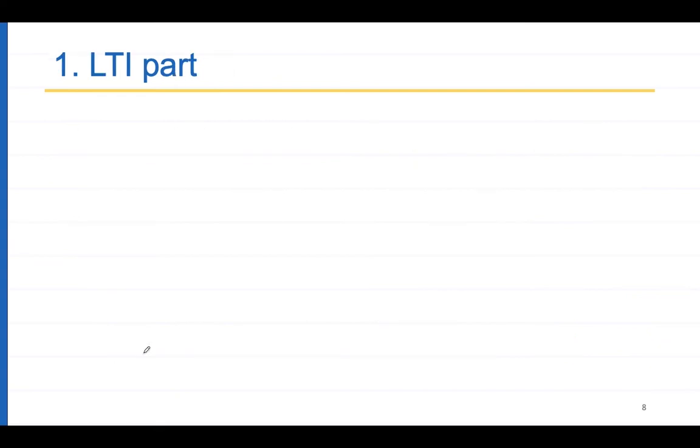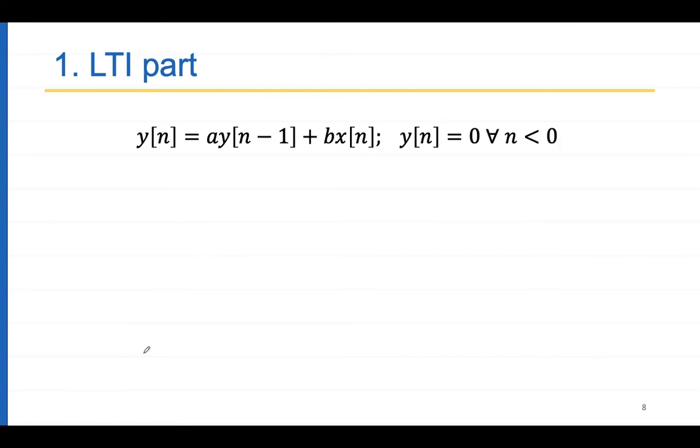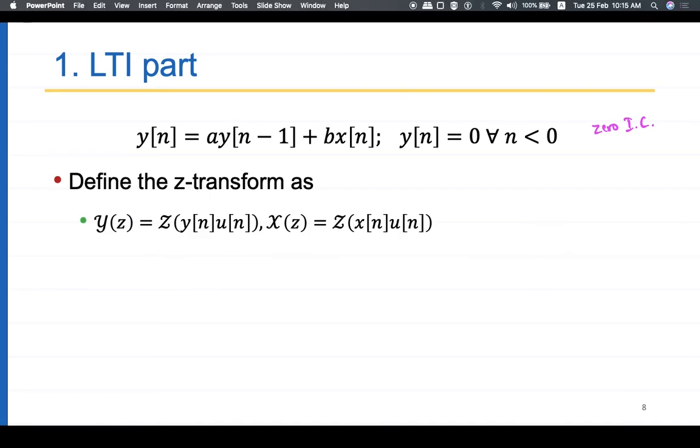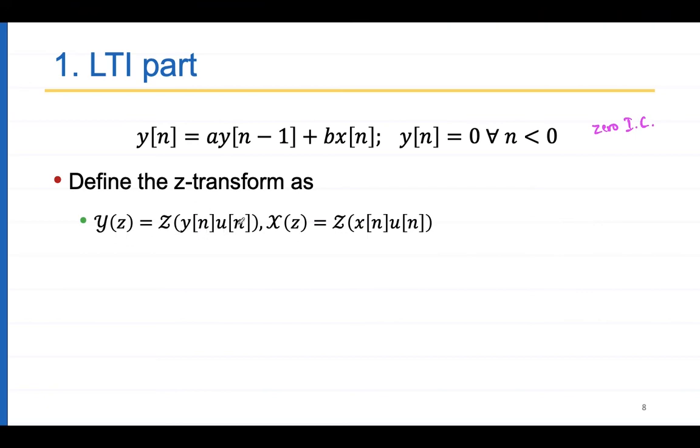The first part is the LTI part, which is because of the zero initial conditions. So my y[n] is a times y[n minus 1] plus b of x[n], where y[n] is 0 for all n less than 0. So this is zero initial conditions. Now define the z transform Y(z) as the z transform of y[n]u[n].